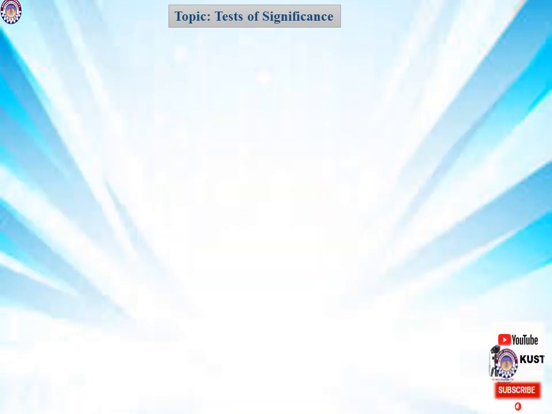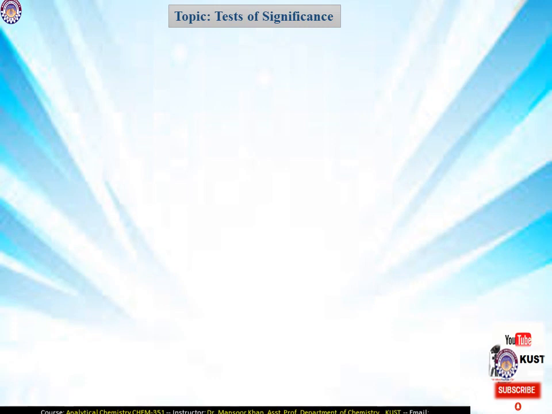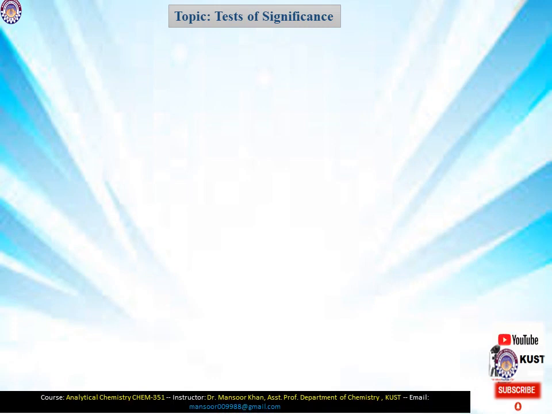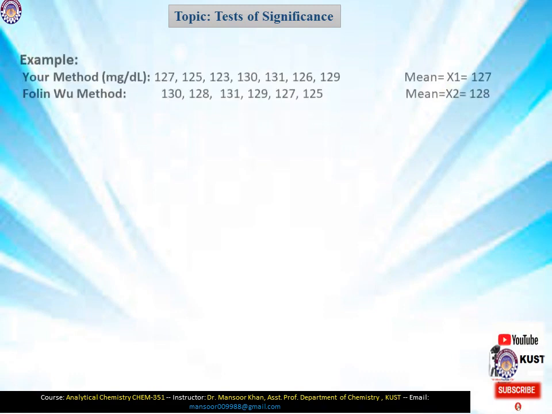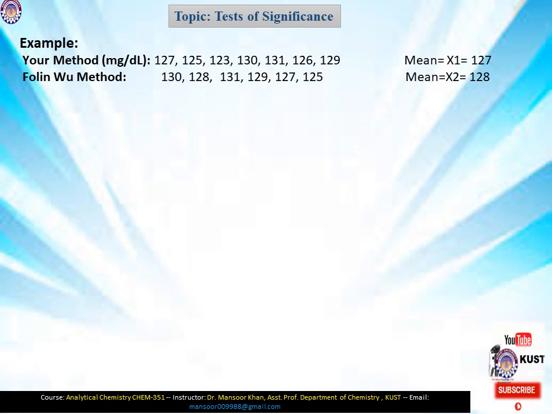In this slide, we have given an example of how your method, which is newly developed in the laboratory, can be compared with a standard procedure or accepted method. These two methods were used for determination of glucose content in blood serum.